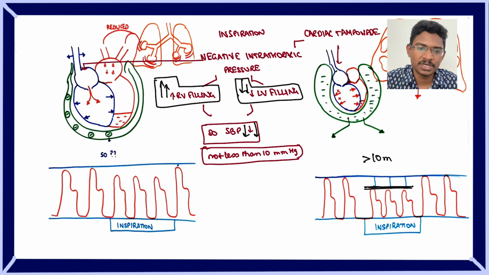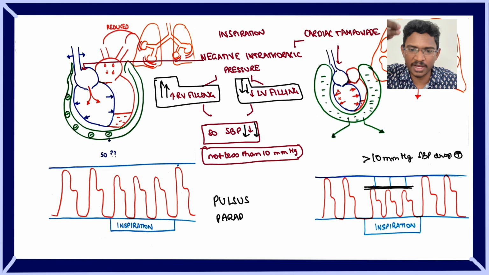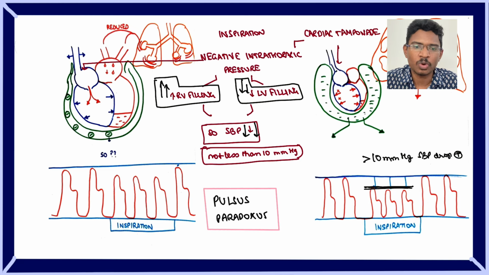Because of this, the LV, already underfilled, is further compromised as the RV takes a portion of the LV's space. So the systolic BP falls by more than 10 mmHg. This exaggerated fall of more than 10 mmHg in cardiac tamponade is called pulsus paradoxus. Pulsus paradoxus is seen in cardiac tamponade.